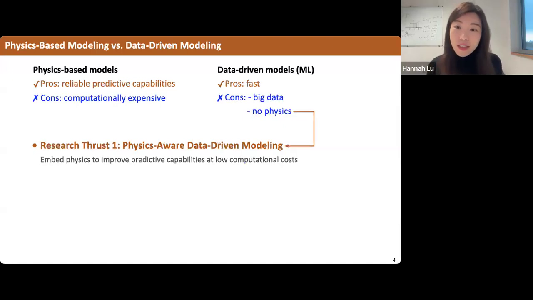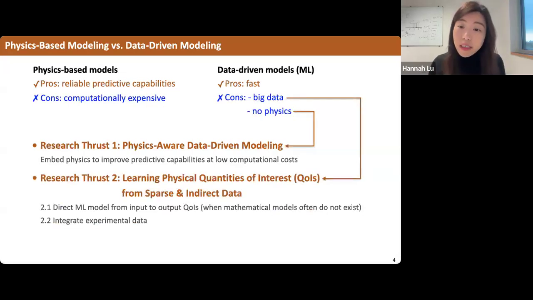Part of my research is about how to use our domain knowledge to embed physics, to respect physical constraints in the machine learning process and improve the predictive capabilities of the machine learning model, so that at the same time we can take advantage of its computational benefits. This part is a general methodology development of physics-aware data-driven modeling.